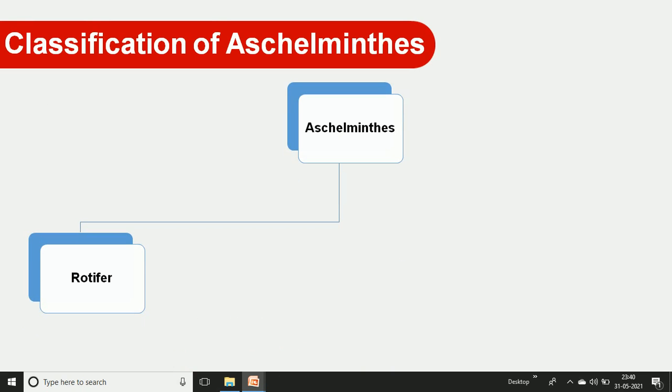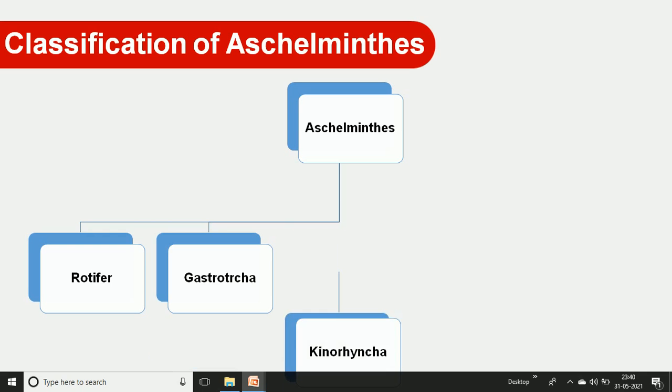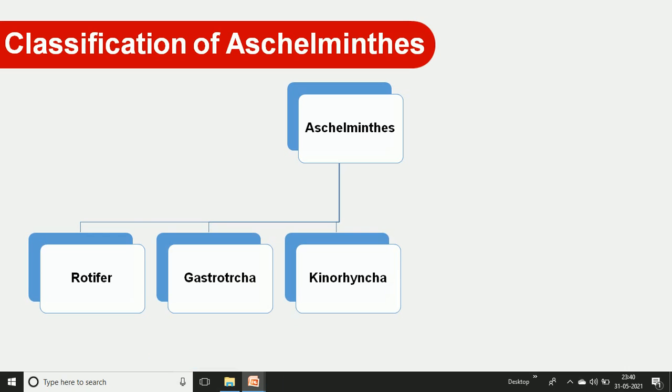The rotifer animal is found in the aquatic habitat, and the identification character of the rotifer is the wheel organ found in its body. Then Gastrotricha is another class belonging to the phylum Aschelminthes. Then Kinorhyncha is another class belonging to the phylum Aschelminthes.